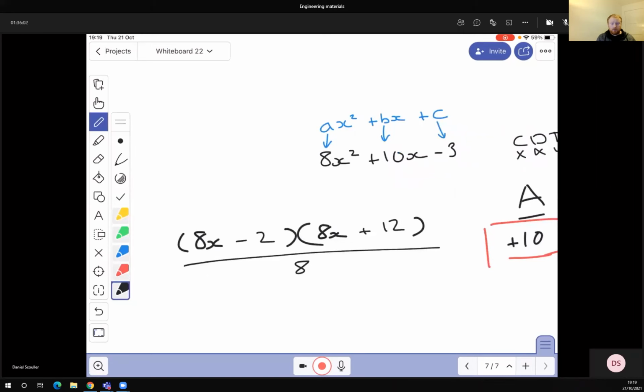Then we follow the same process: we look to simplify both brackets independently. So let's simplify one, and then look at the other one.